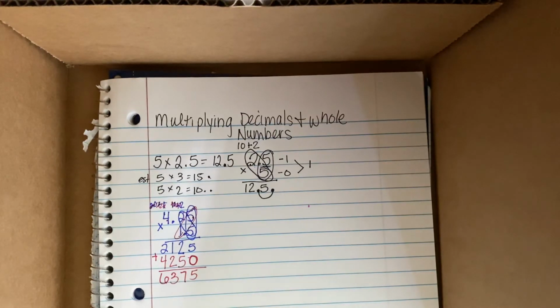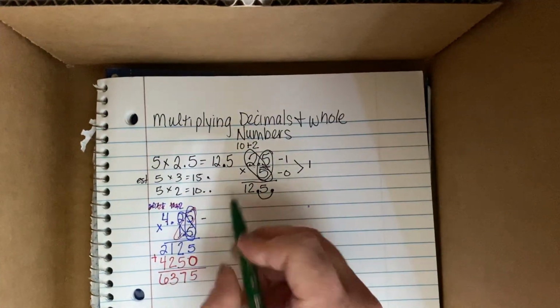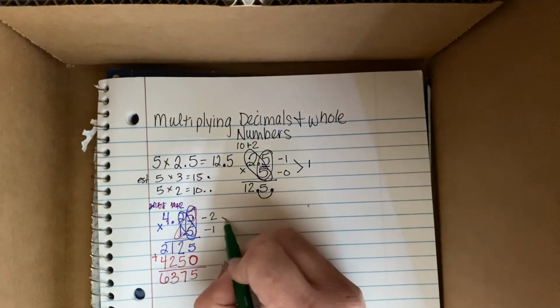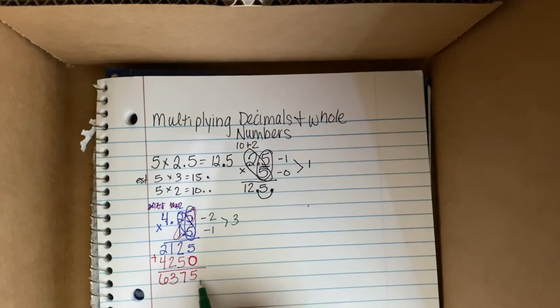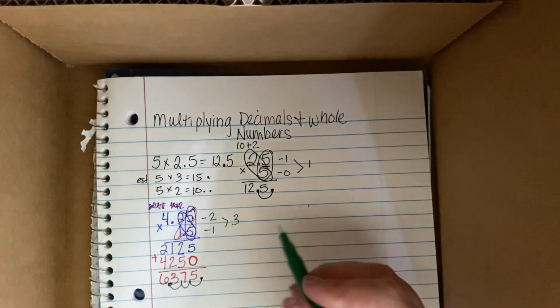So we're going to count our place values after the decimal. There's 1, 2 here, and 1 here, for a total of 3. We will still start at the right and go to the left 1, 2, 3 places.